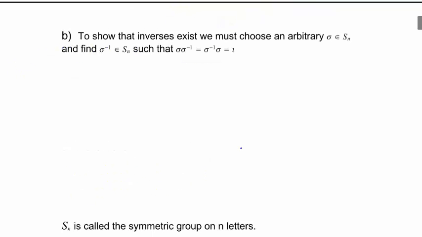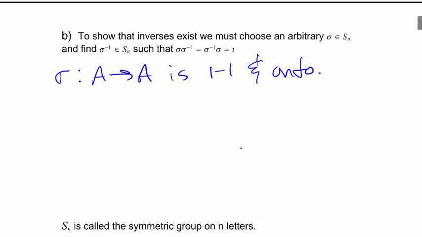To define sigma inverse for a given sigma, we have to remember that these are one-to-one functions from A to itself. Let's say sigma mapping A to A is not only one-to-one, but it is also onto, because it's mapping A to itself. So we can define sigma inverse as follows.